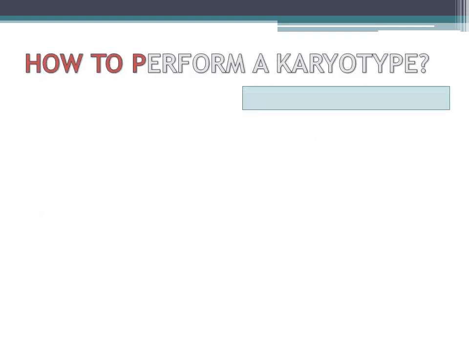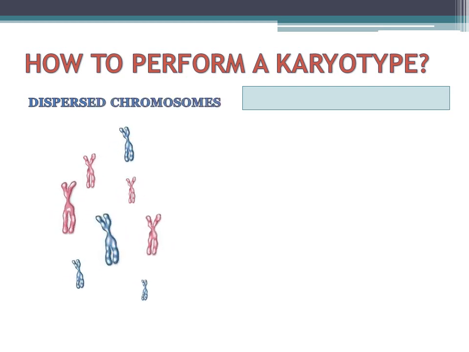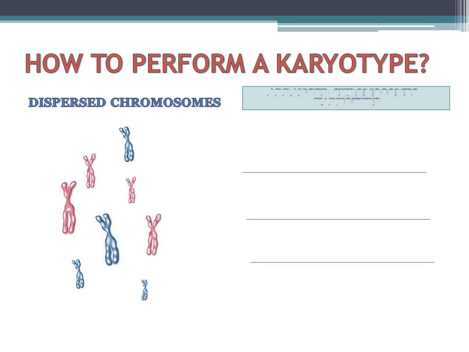Finally, this is an application about arranging chromosomes into a karyotype. We have 8 dispersed chromosomes which must be arranged into a karyotype according to decreasing size from tallest to shortest, and to the same position of centromere and similar banding pattern.